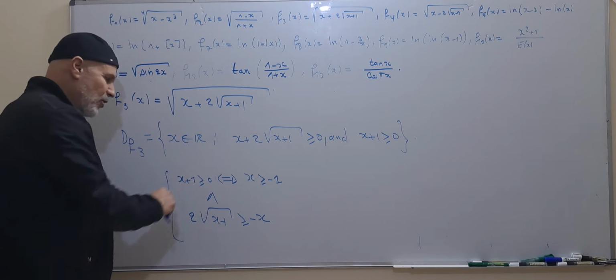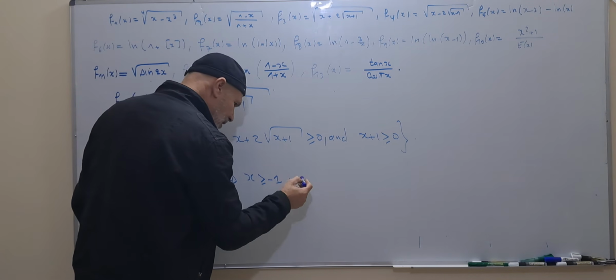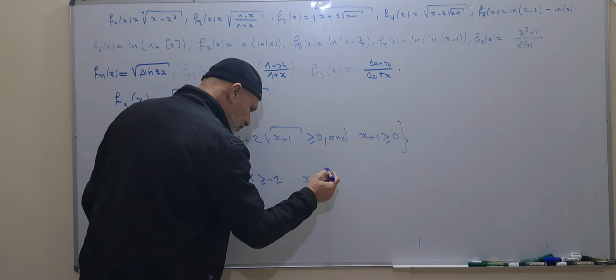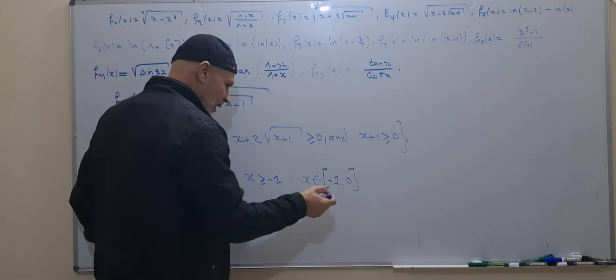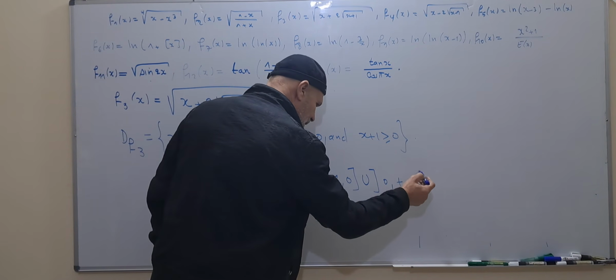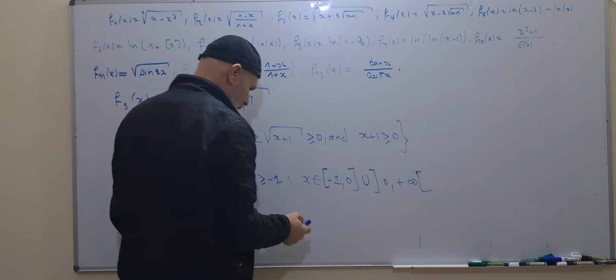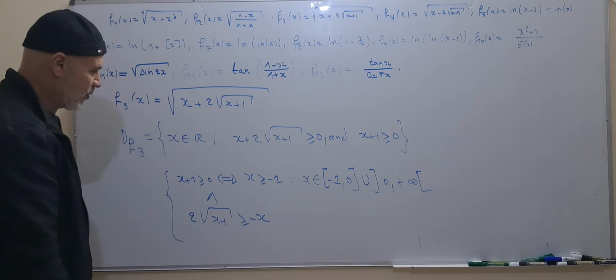Here we have x greater than or equal to minus 1. This means that x belongs to minus 1, 0, union 0, plus infinity. We will distinguish the cases for x greater than or equal to minus 1.